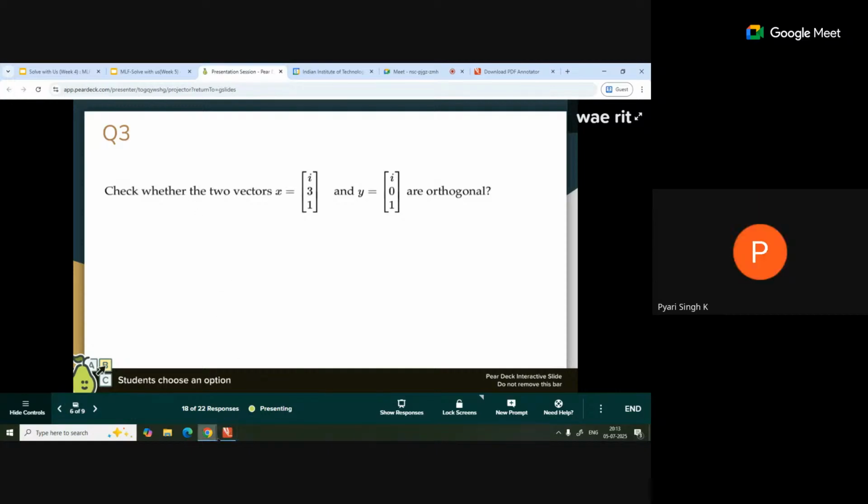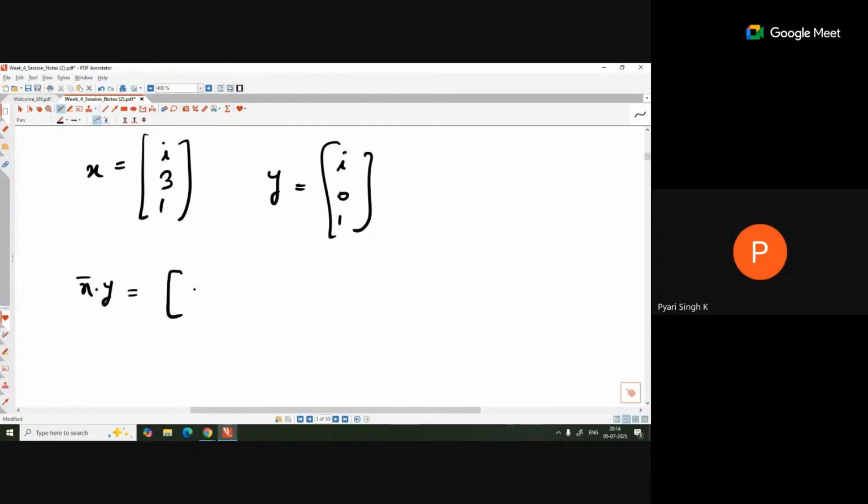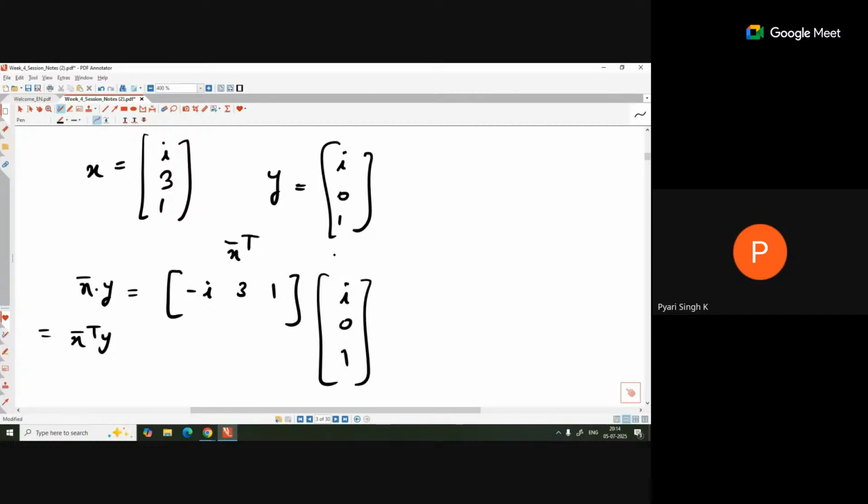So x is (i, 3, 1) and y is (i, 0, 1). So we have to find out the inner product. I'm writing it like this: the conjugate transpose of x times y gives minus i squared plus 0 plus 1.